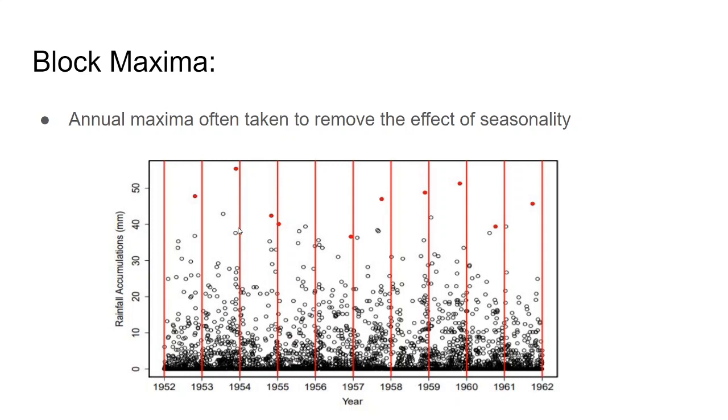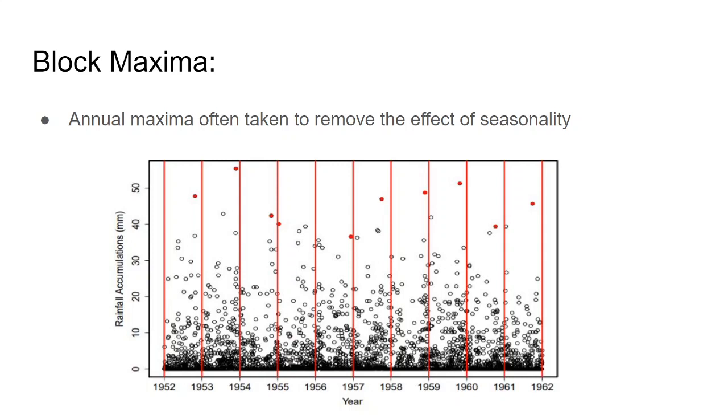Generally we do take the annual maximum very often. It does have a plus point that it removes the effect of seasonality from the data, so that we can work on maxima without thinking of the seasonality or its effect.